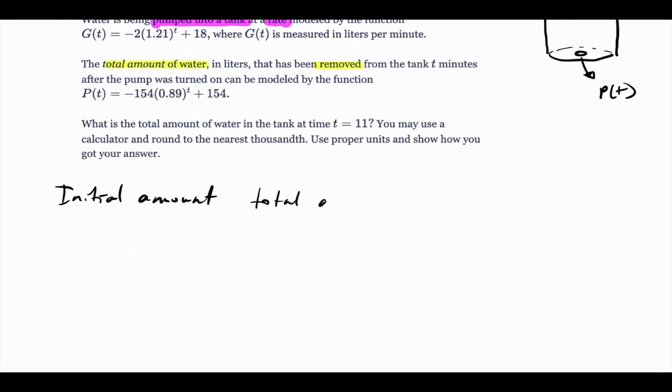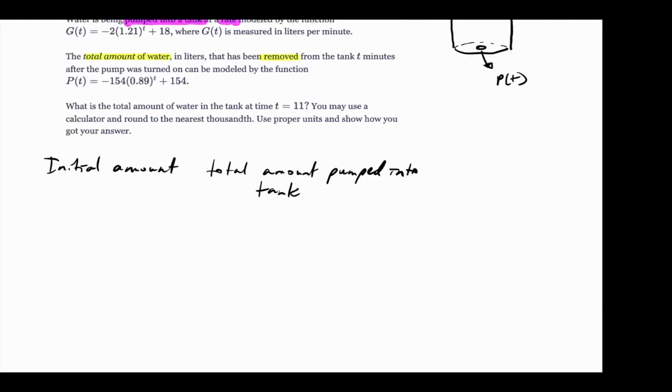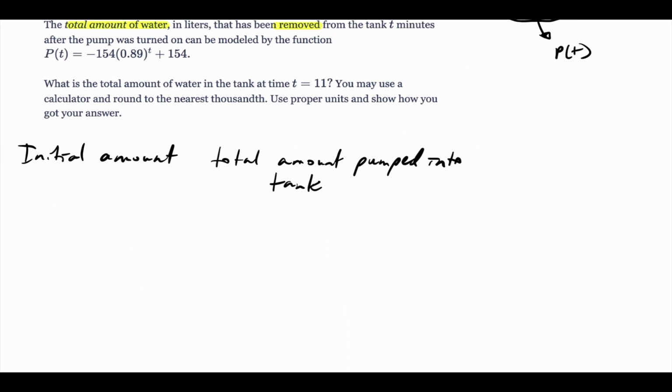So total amount pumped into tank. What else? And total removed. Say it again. And total removed from the tank.